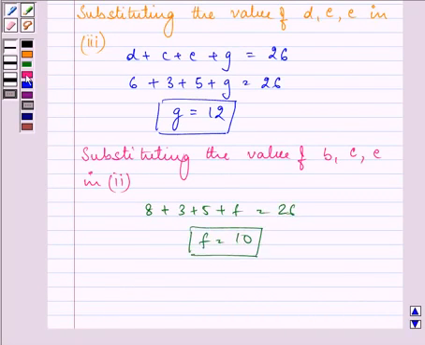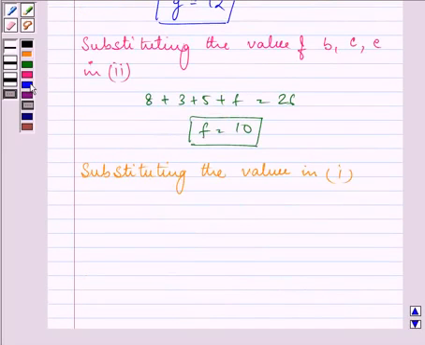Now we're left with finding out the value of A. So on substituting the values in the first equation, we have 8 plus 3 plus 6 plus A is equal to 25. That gives us the value of A as 8.